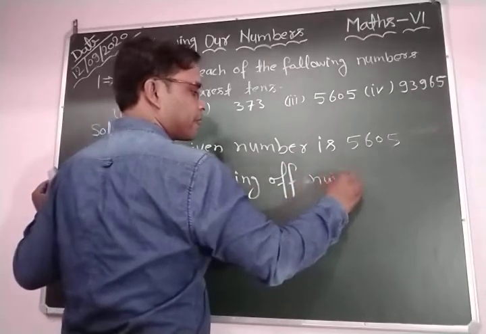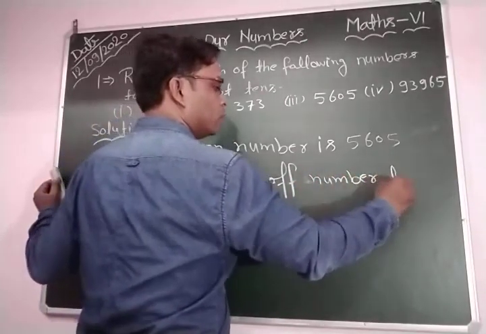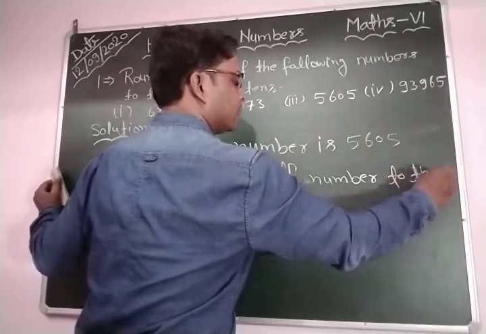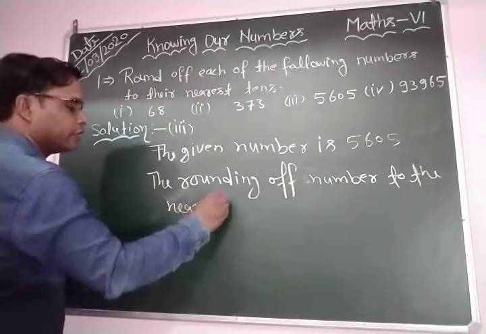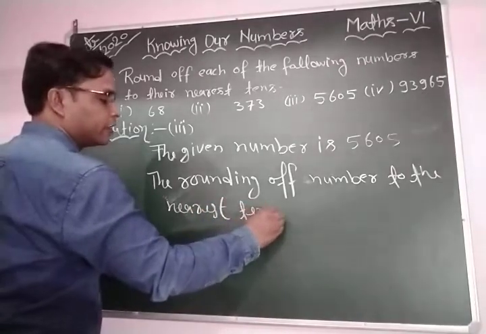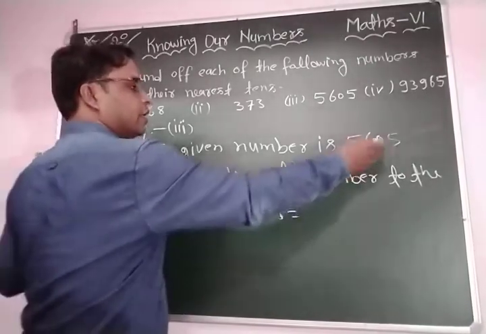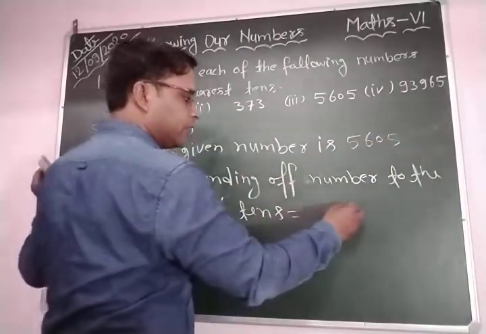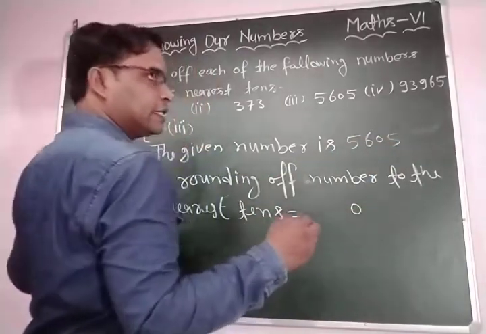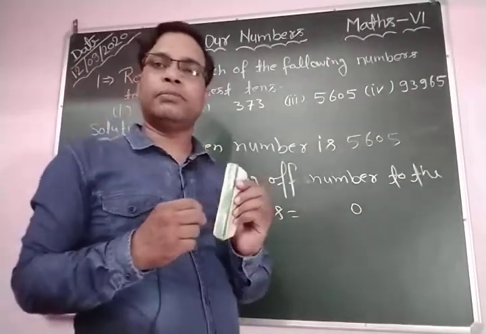number to the nearest tens. This is equal to, here the ones place digit is 5, so we replace it with 0 and increase the tens digit by 1.